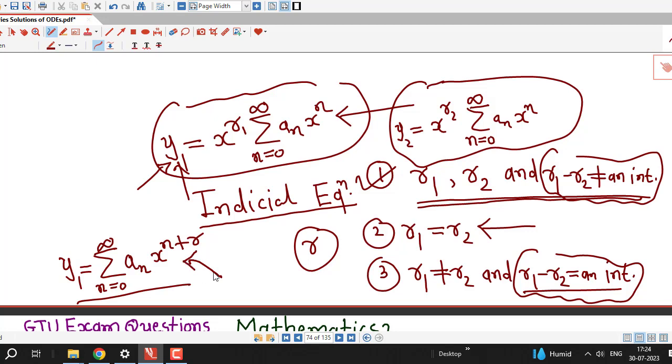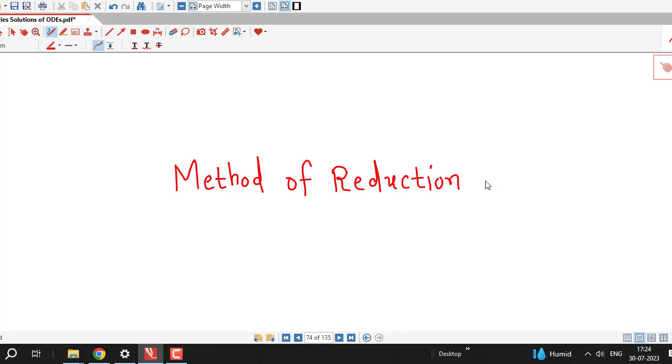this form. And if you recall, in the topic of higher order ordinary differential equations, we have discussed the method of reduction of order. Using that method, we can find out the second linearly independent solution if we are given the one linearly independent solution.